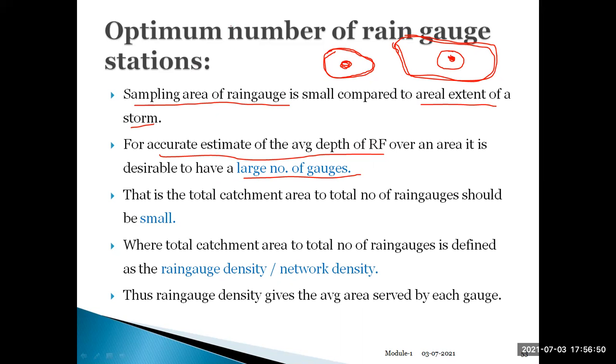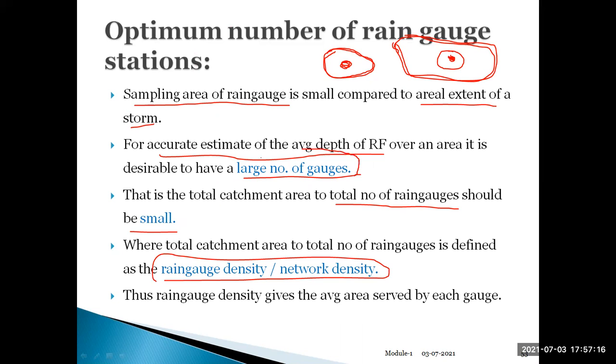So the ratio of total catchment area to the total number of rain gauges should be small. This ratio of total catchment area to the total number of rain gauges is defined as the rain gauge density, also called network density.